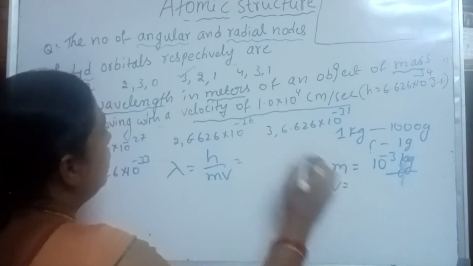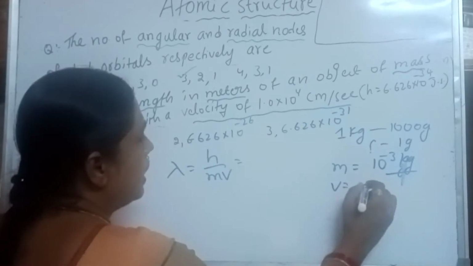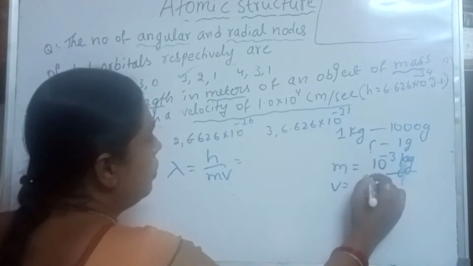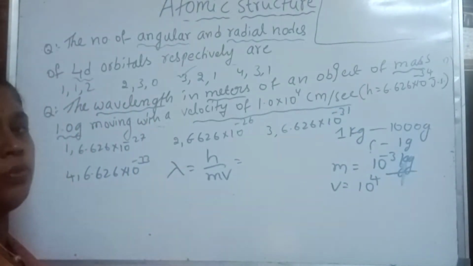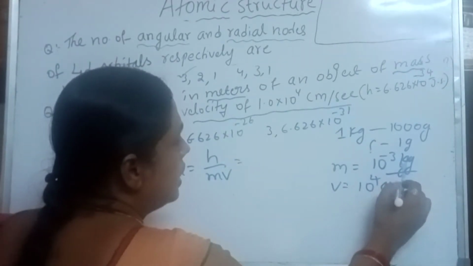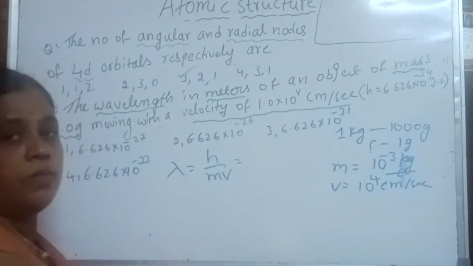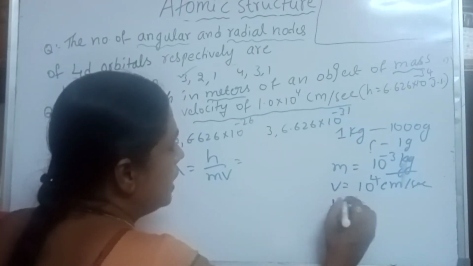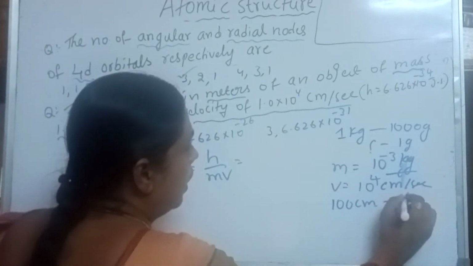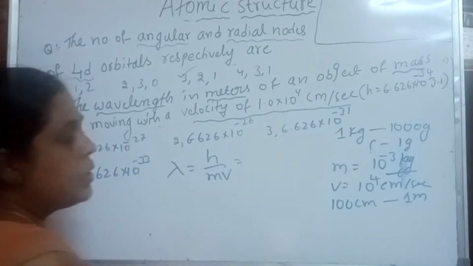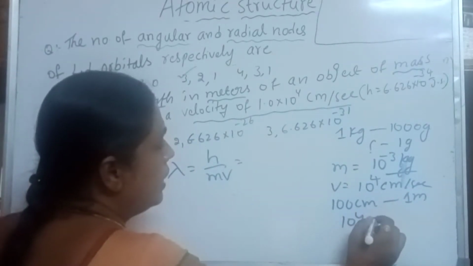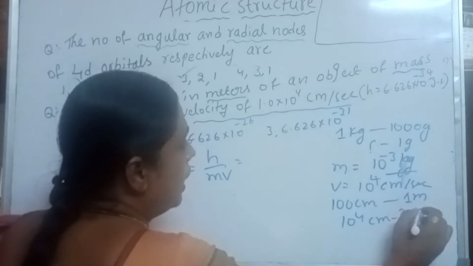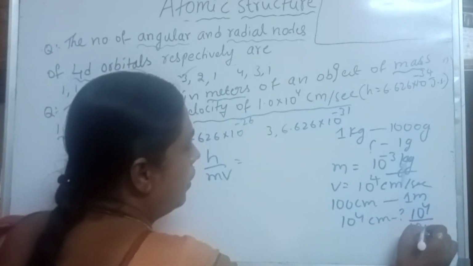The velocity is given in centimeters per second, 1 into 10 to the power of 4, simply 10 to the power of 4. To convert into meters, 100 centimeters is equal to 1 meter, so 10 to the power of 4 by 100.